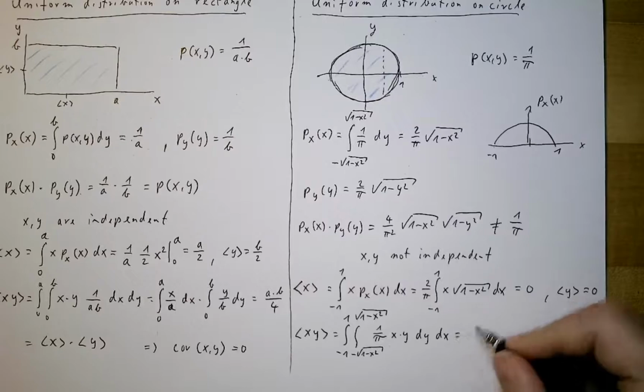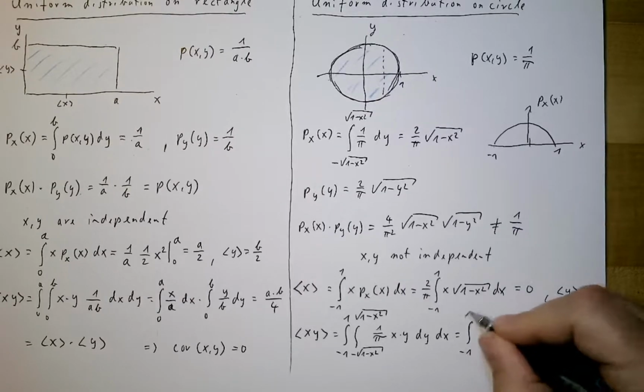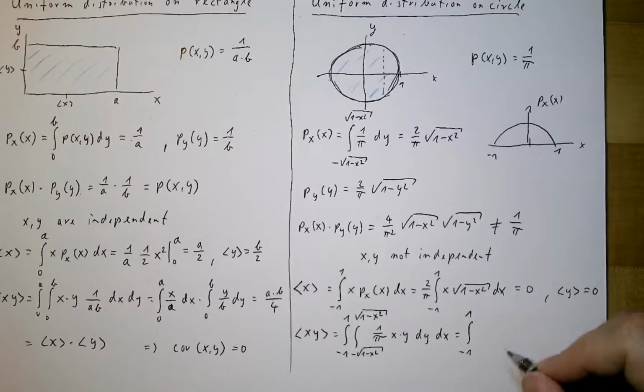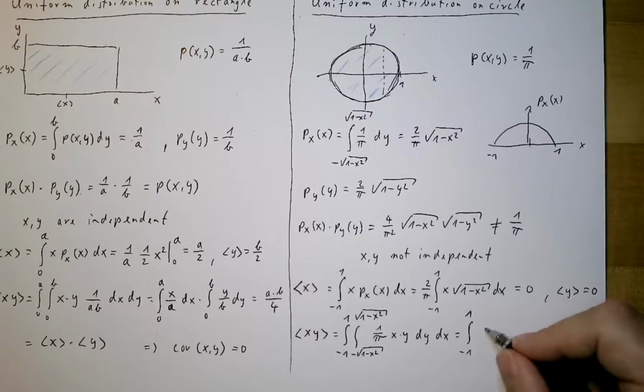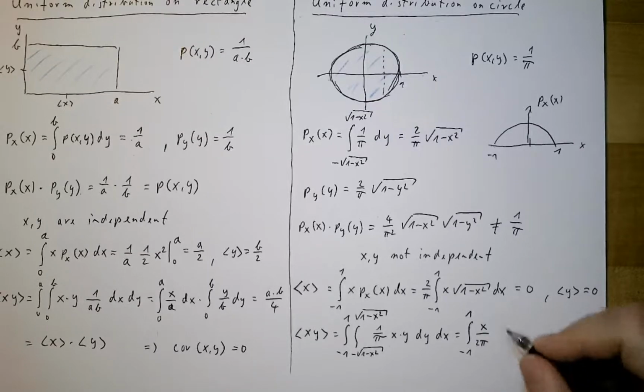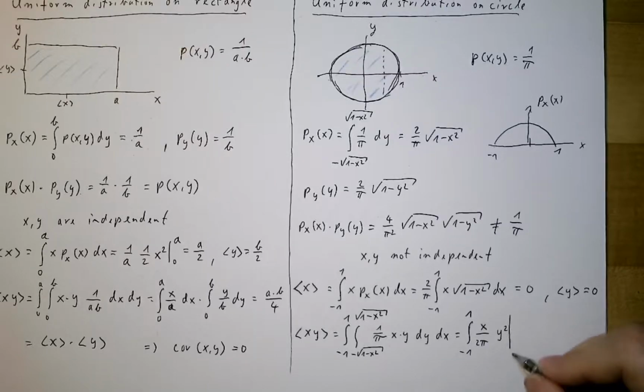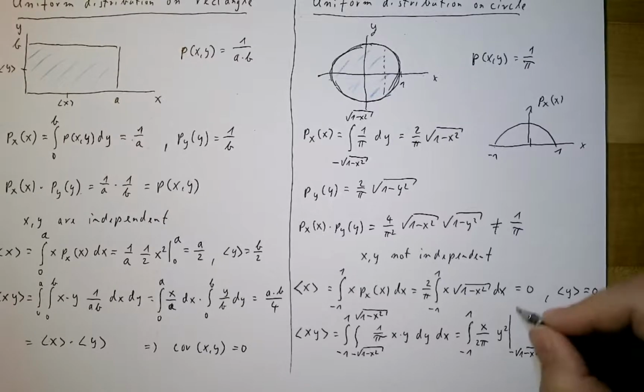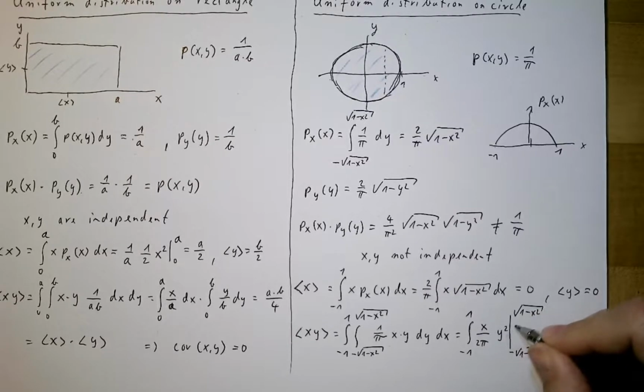So let's do the y integration. Then we have x over 2 pi and y squared between the borders of minus the square root of 1 minus x squared until the square root of 1 minus x squared.